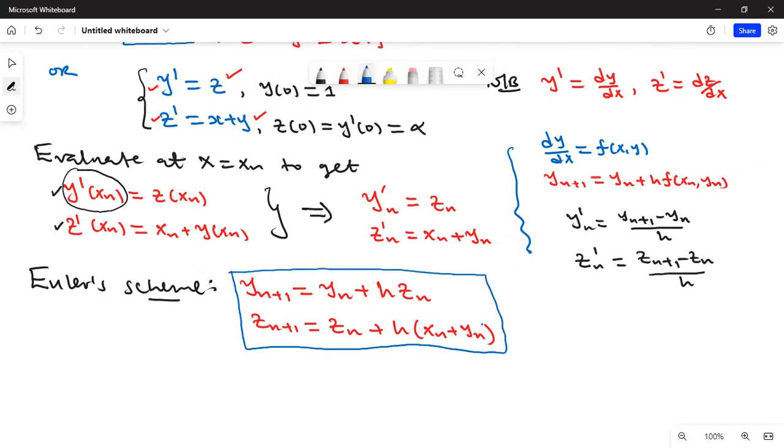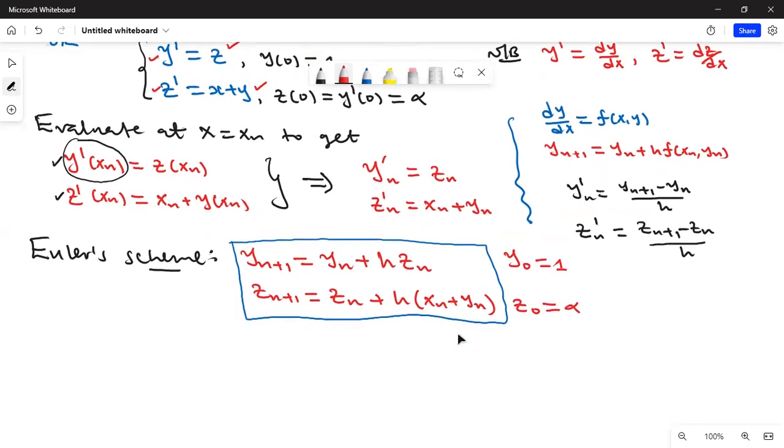And what about the boundary conditions? Y of x naught equals 1. So our conditions are that y naught equals 1 and z naught equals alpha. Let me explain what I mean.